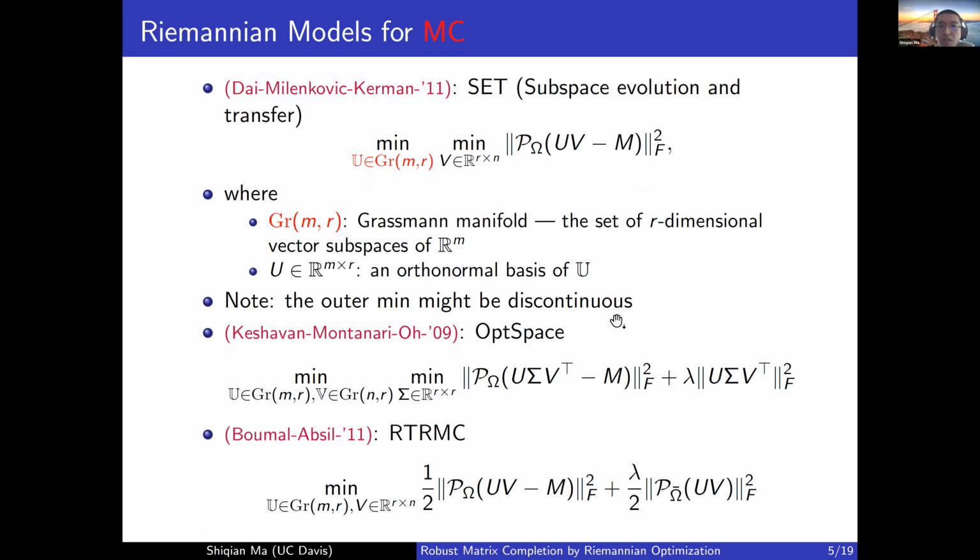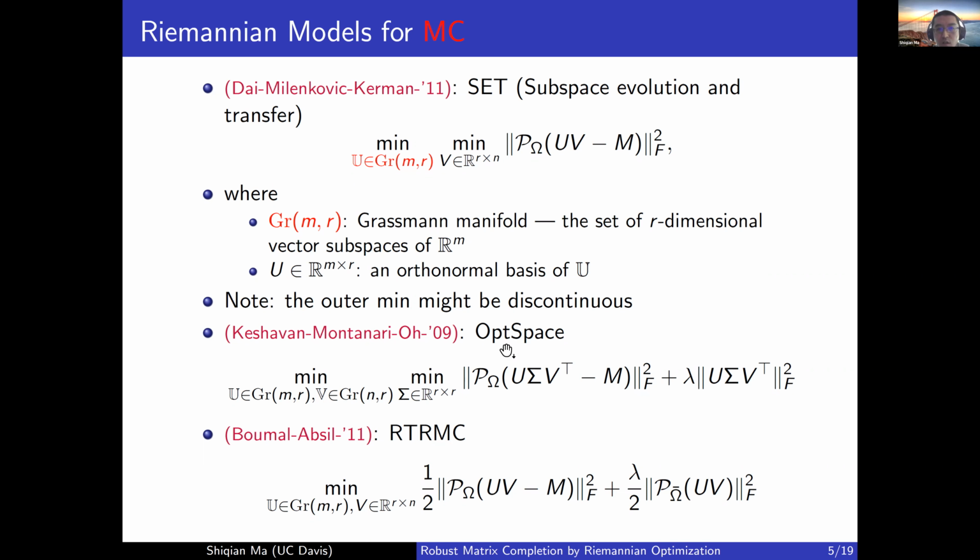Okay, so that means we cannot use, for example, the Riemannian gradient method, because it's possible that the objective function in this part about U is discontinuous, so that we cannot compute the gradient. Okay. So one way to address that is proposed by the following works.